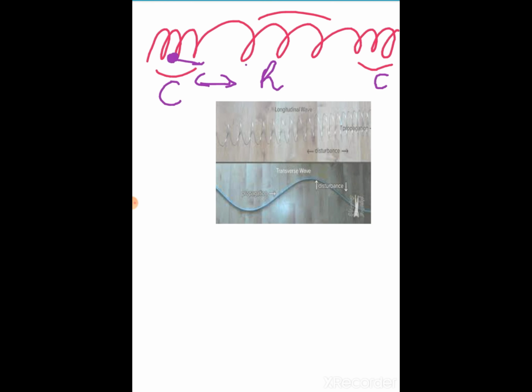As a result, for longitudinal waves, we say that the vibration of particles happens along the same direction as the direction of propagation of the wave. We say, therefore, that they are parallel to each other.